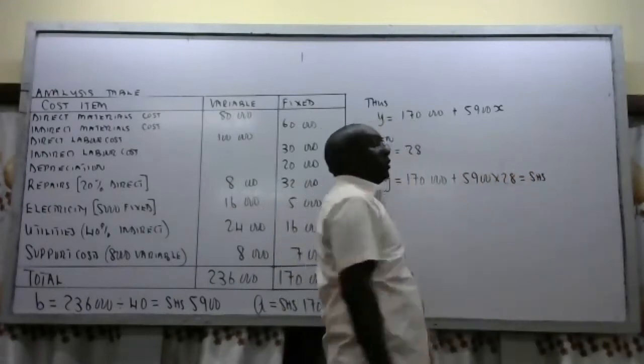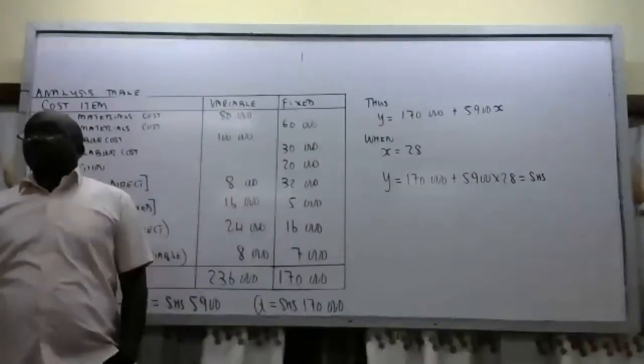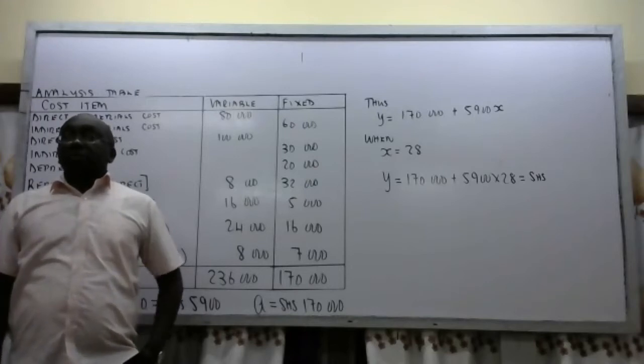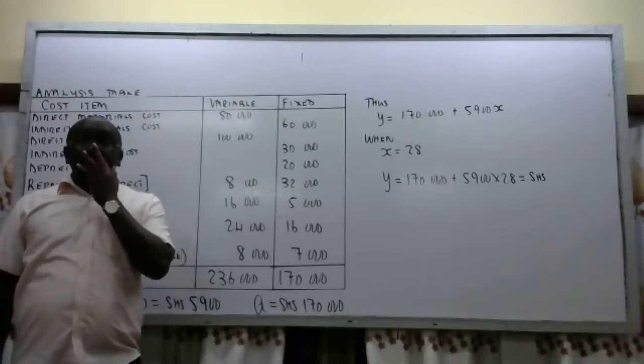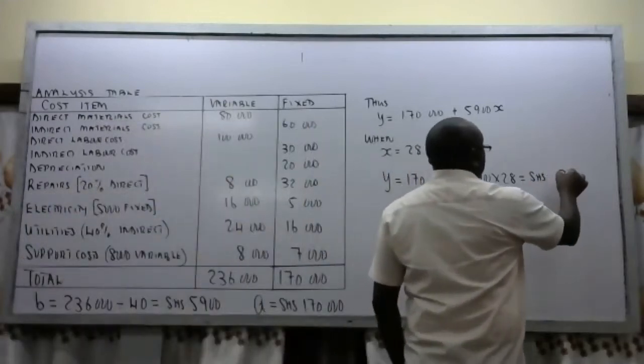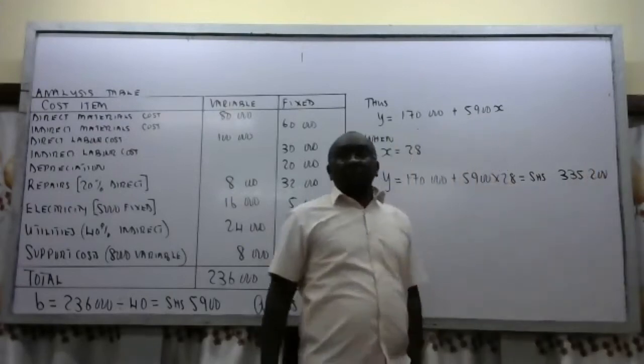That gives us a total of how much? 335,200.